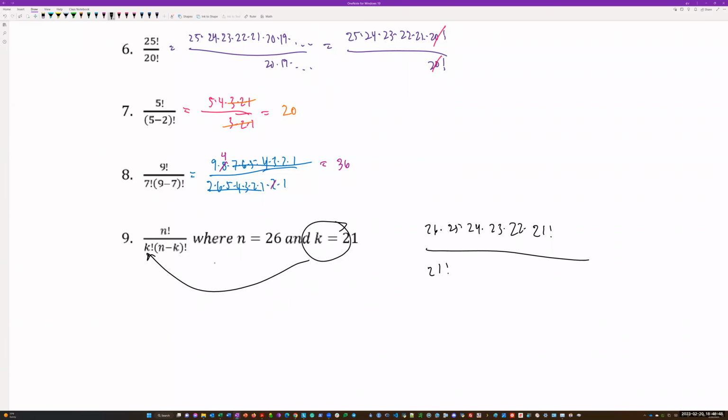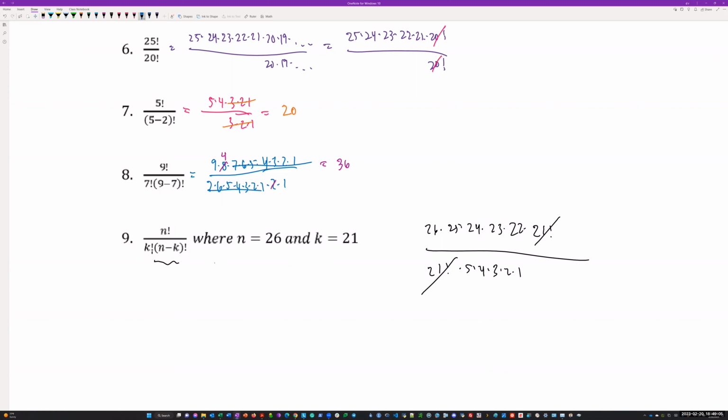Is that correct? Then what's this part here? N minus K? 5. So that's just 5, 4, 3, 2, 1. Does that make sense? So 21 cancels here, right?